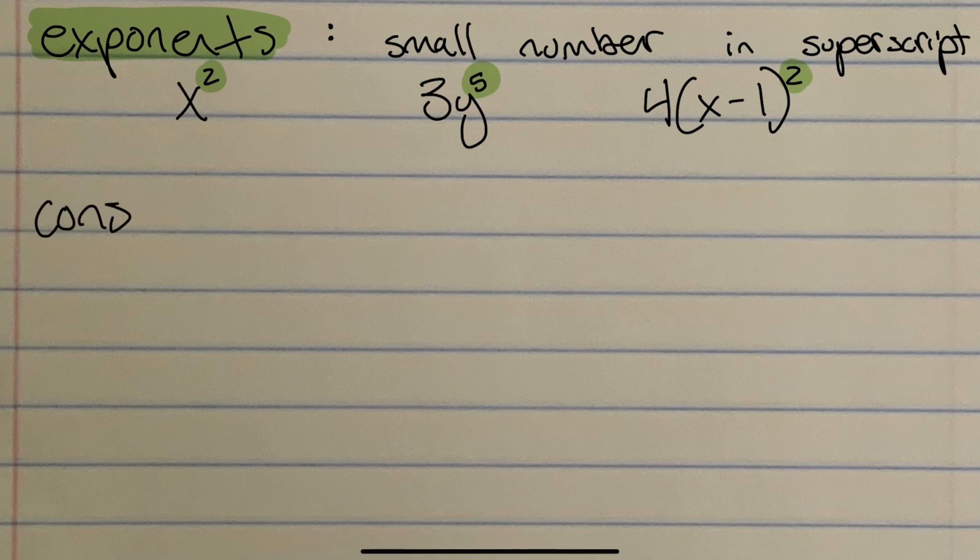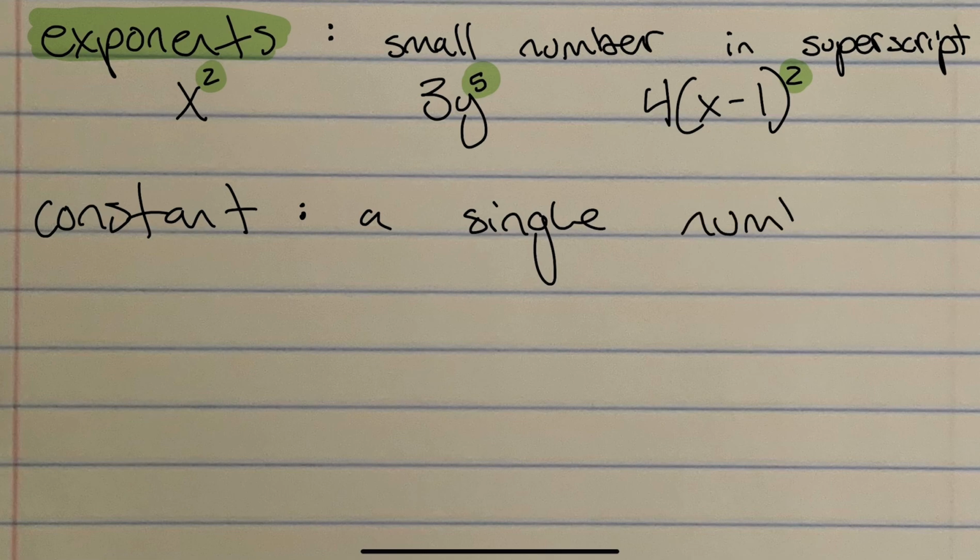It is constant. So a constant will be a single number. That means the number does not have an x attached to it. So it's just going to be a number. So let's say like 25. That's a constant because it's just by itself. It is all alone, nothing attached.